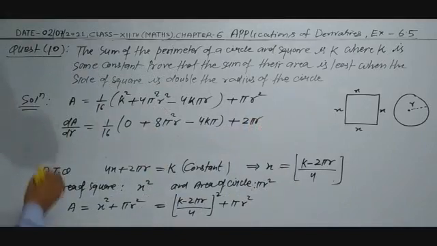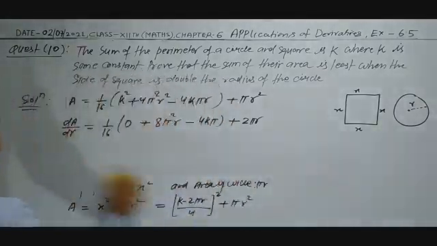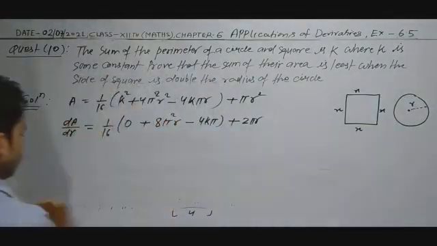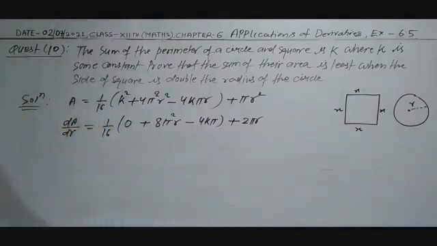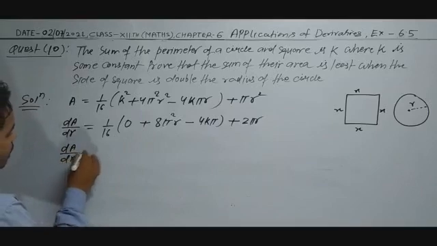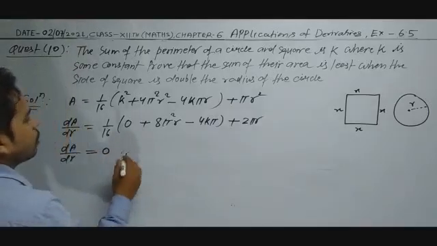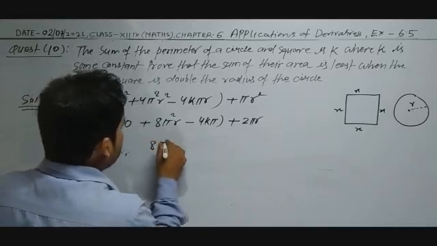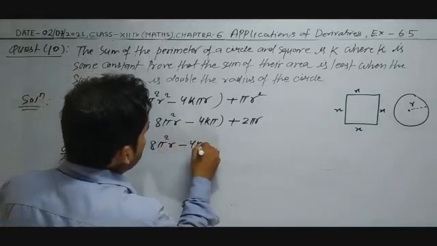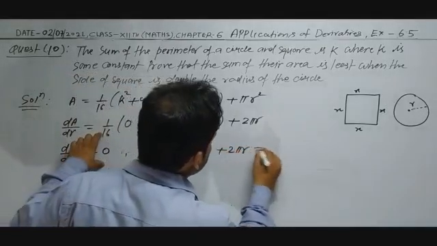To get the maximum or minimum, you have to satisfy the necessary condition. dA by dr should be equal to 0. Therefore (8 pi square r minus 4 k pi) whole upon 16 plus 2 pi r is equal to 0.